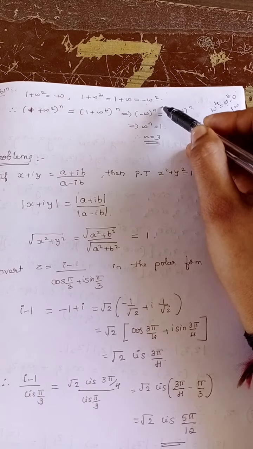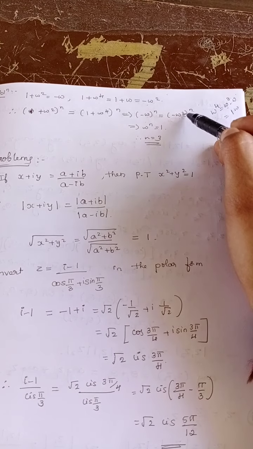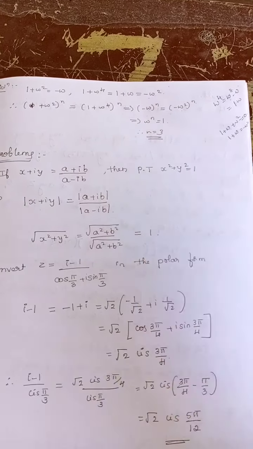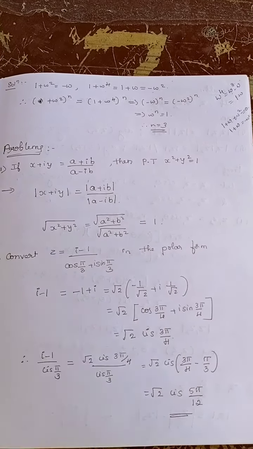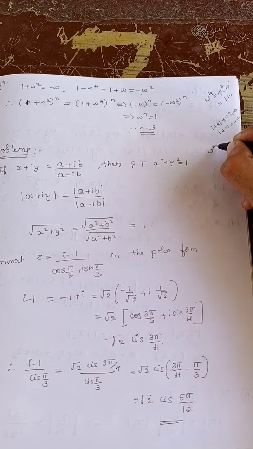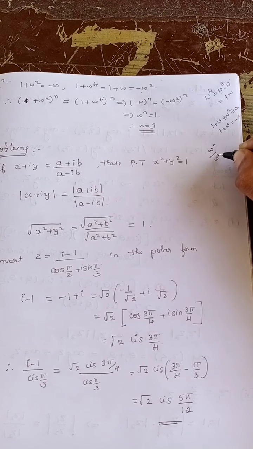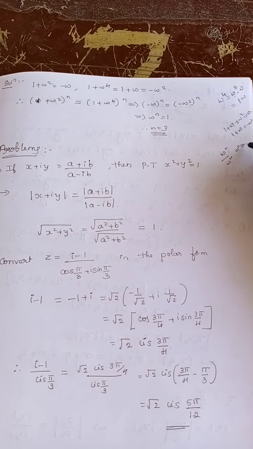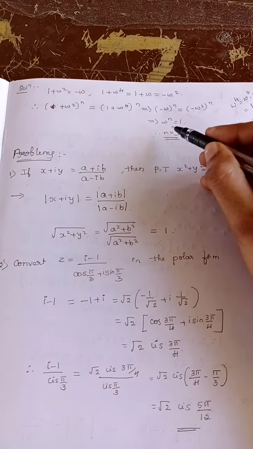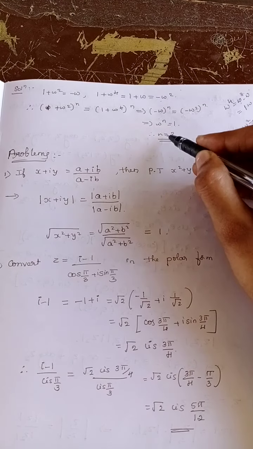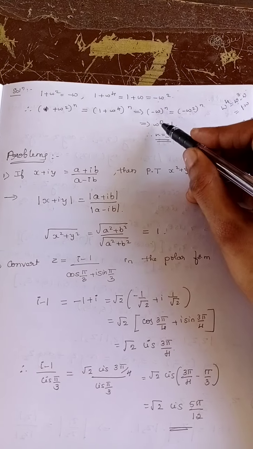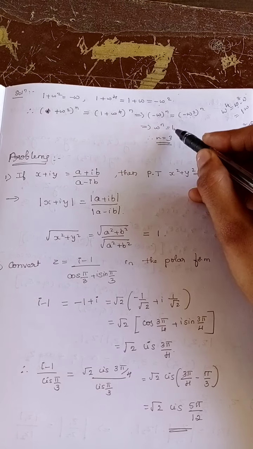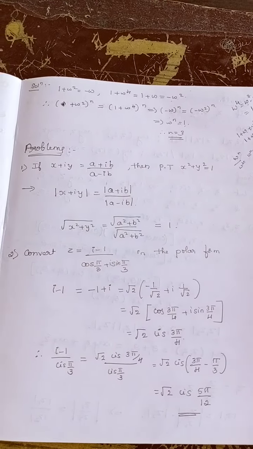So omega power n divided by omega power 2n, we get omega power n minus 2n... that is omega power n is equal to 1. So omega power n is equal to 1, which implies n is equal to 3, because when n is equal to 3, omega cube is equal to 1. Therefore n is equal to 3.